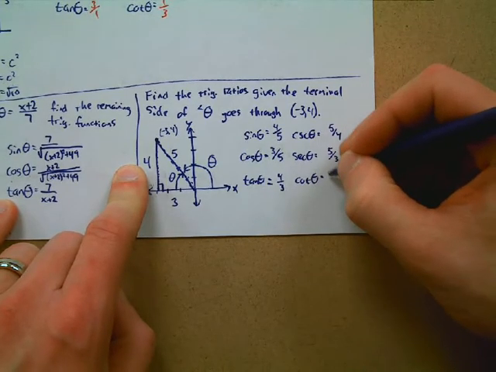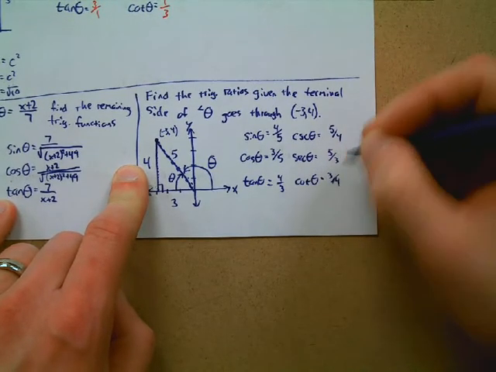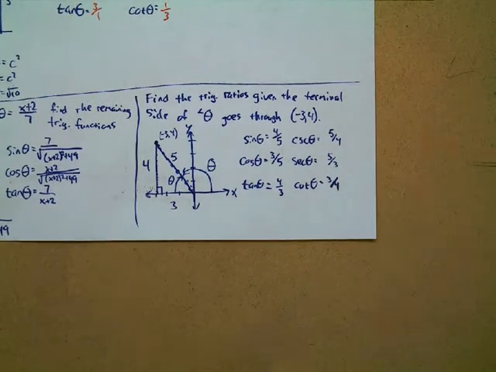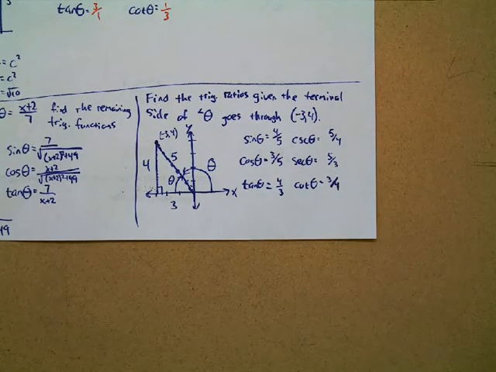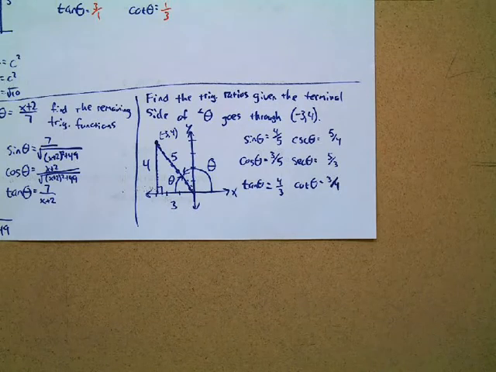So in quadrant 2, what trig functions are positive? Sine and cosecant, and that's it. So everything else here we have to make negative. Sine and cosecant will be positive, but we're going to make everything else negative. That's how we can get away with using that reference angle. The reference angle works as long as we then go back and fix the signs, positive or negative.